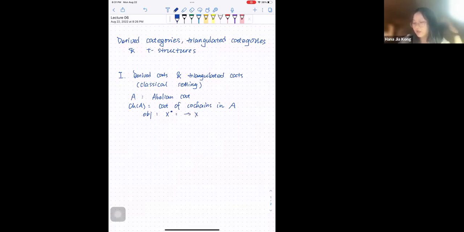For cochains, usually we write the degree in the subscript and in the superscript, and the differential is increasing, sorry. Morphisms are morphisms between cochains. And you can define the cohomology of such an object.